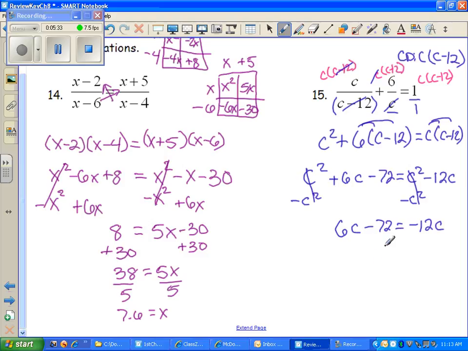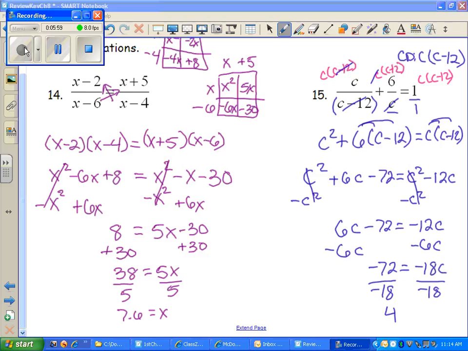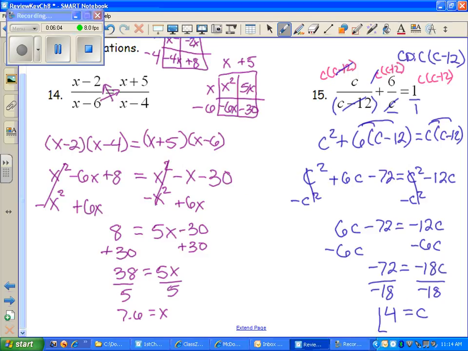I'm going to have to move my 6c over there because there were only c's on the right side, so that's really the easiest way, even though I will have negatives. Negative 72, negative 18c, and then divide by negative 18 on both sides. Negative divided by a negative is positive, and 72 divided by 18 is 4. So the answer for this one is that c equals 4.